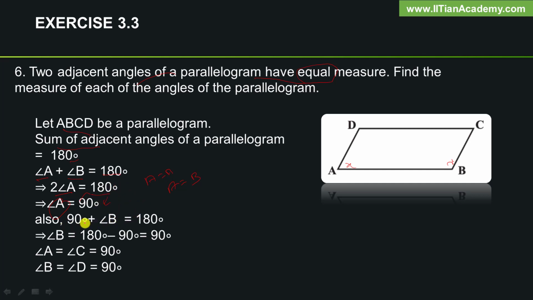Also, 90 plus B equals 180, as the sum of adjacent angles of a parallelogram is 180 degrees, or B equals 180 minus 90 equals 90. Also, A equals C equals 90 and B equals D equals 90, as opposite angles of a parallelogram are equal.